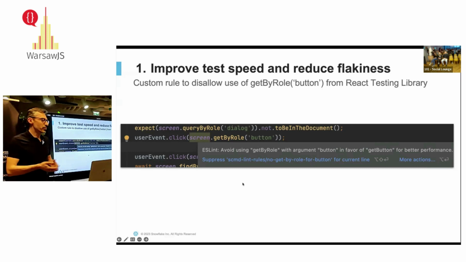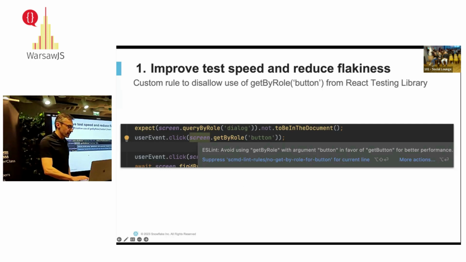Then we can look at the PRs to see if everyone is using the good method, not the wrong one. But it's difficult to remember. So we wrote the rule. It basically showed a warning saying, hey, avoid this method, use the other one, right?